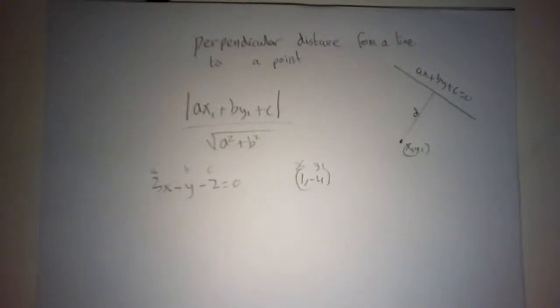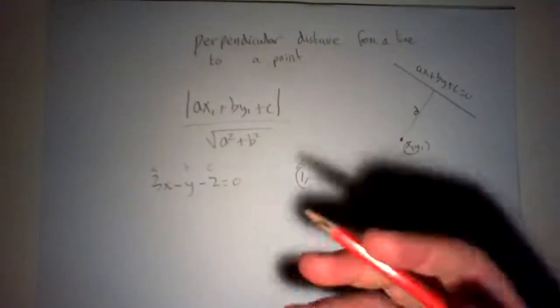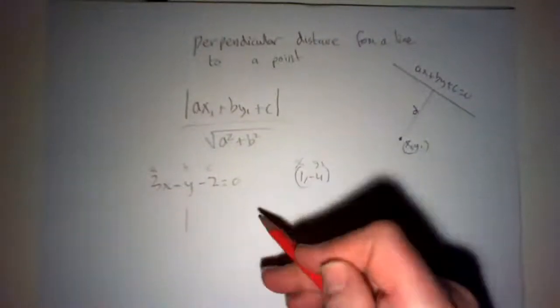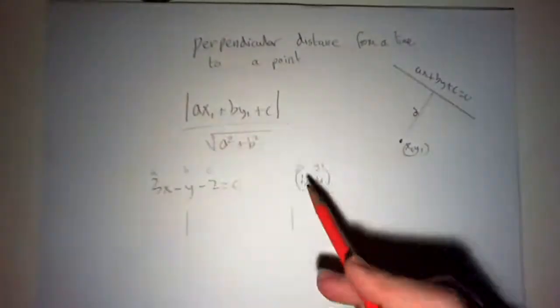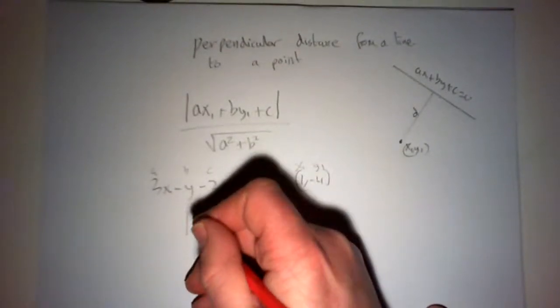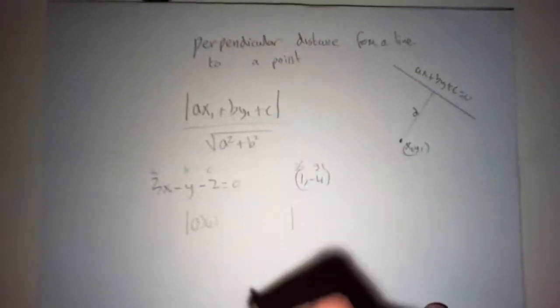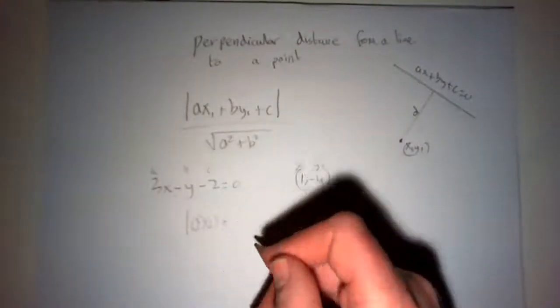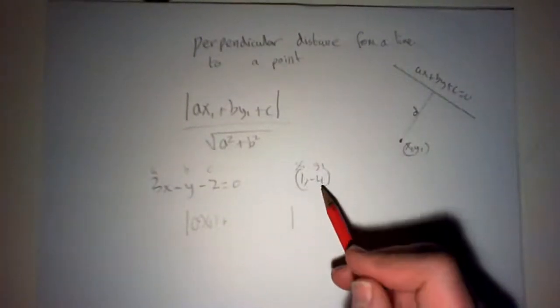Right. So let's slot these all into the formula and see what happens. So we have the absolute value of a times x1. So that's 3 times 1, plus b times y1.